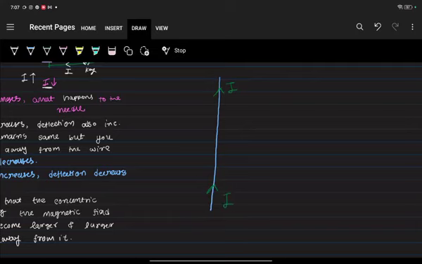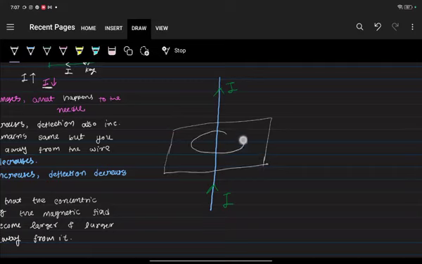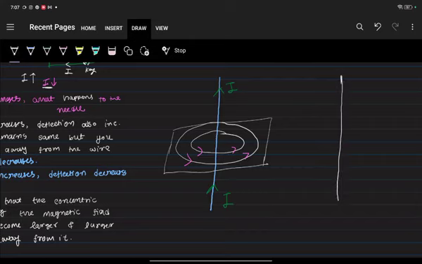So you will see magnetic field lines around it, and the direction of magnetic field lines will be in this direction, the initial direction. Now, what if you change the direction of electric current? What do you think will happen?